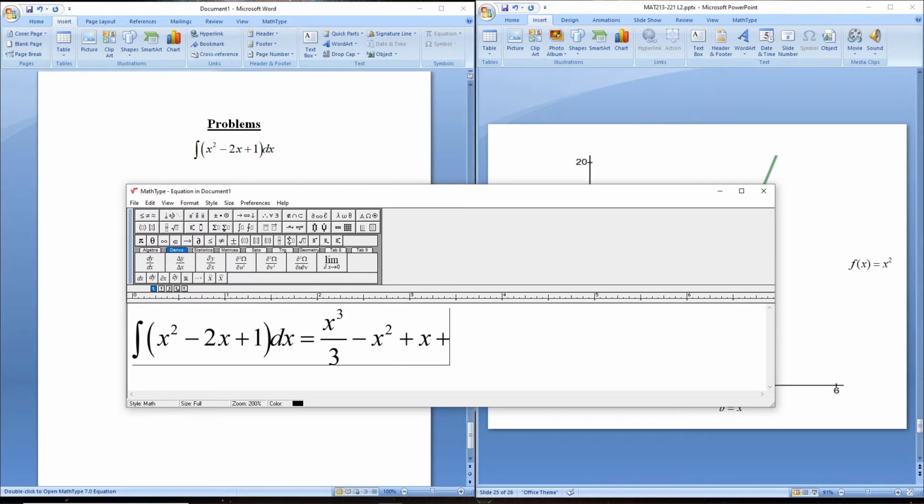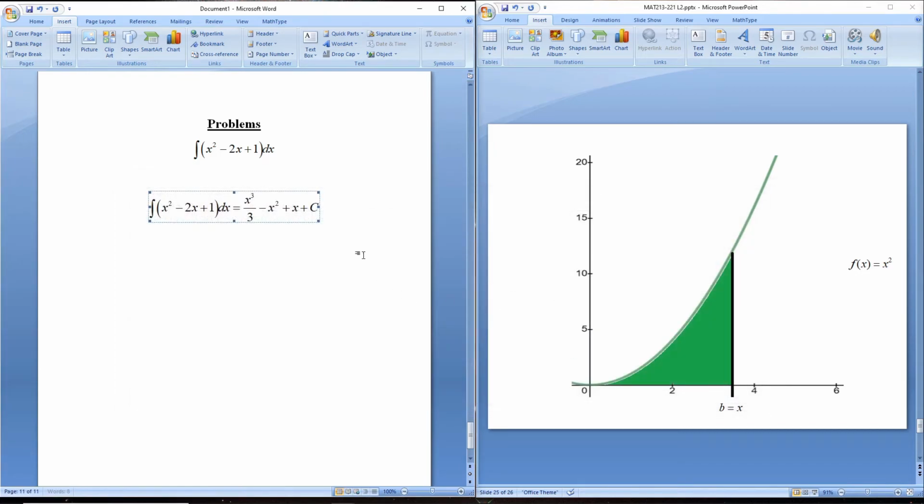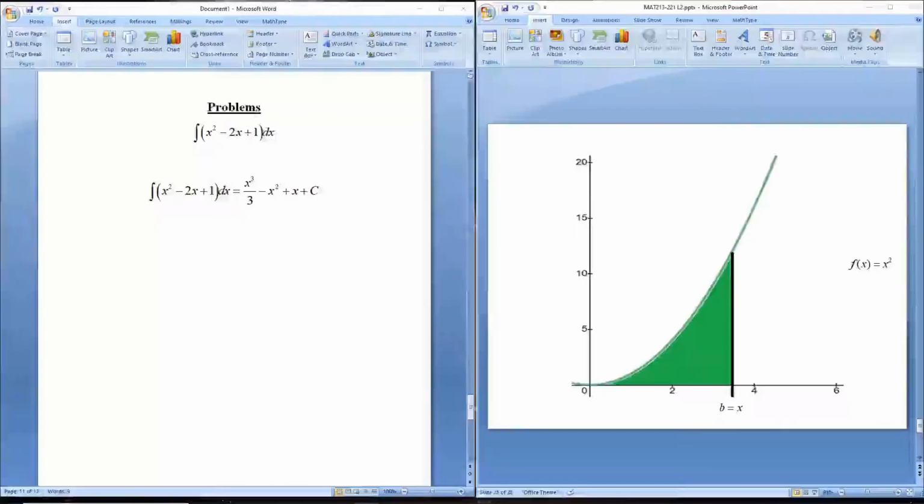And then we finally have to tack on our integration constant, this c. Since we don't have our a or b, we don't have the limits, we don't know the area yet. What we do know is the function that will give that area. That's the antiderivative. Let's check out another one.